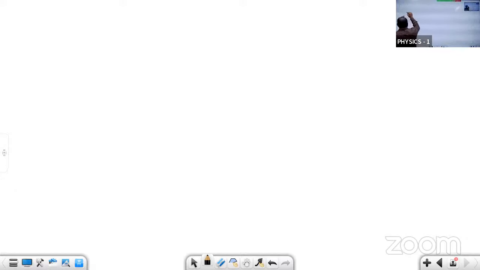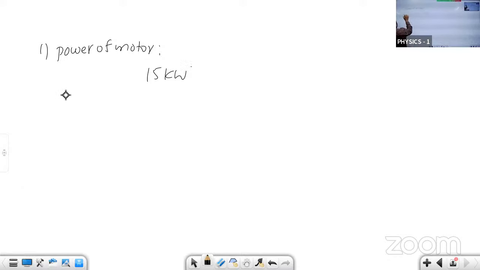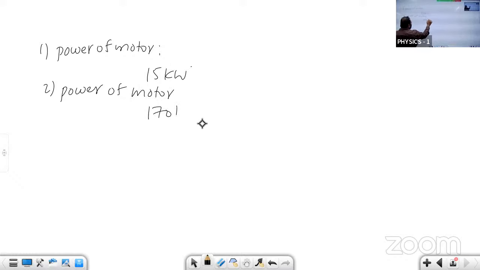One is power of motor. We did it yesterday, 15 kilowatts. Second one, the balance, that one we will do within a few minutes. Power of motor, I think 170 HP. Now we are doing this problem soon.